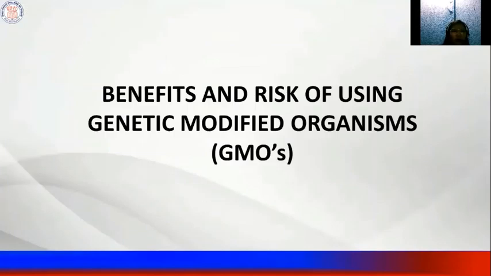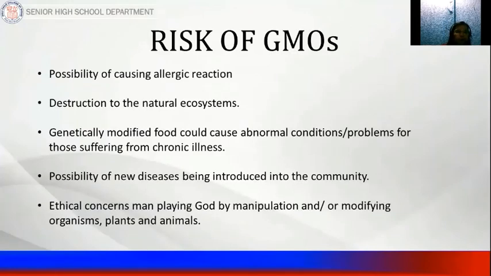Okay, so what are the risks and benefits of using genetically modified organisms? So, the possibility of causing allergic reaction. Through this, it can be a risk. GMOs, genetically modified organisms, are organisms to which technology is applied to modify or manipulate their genes.